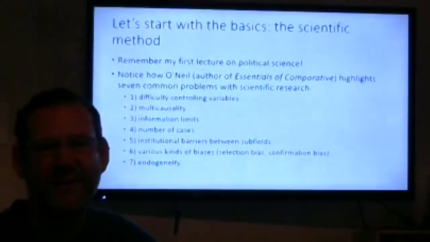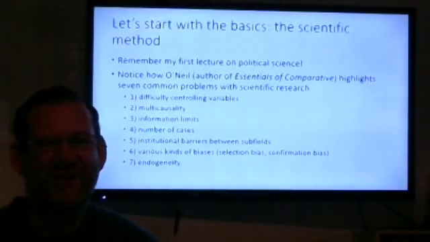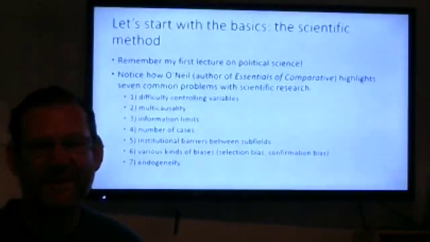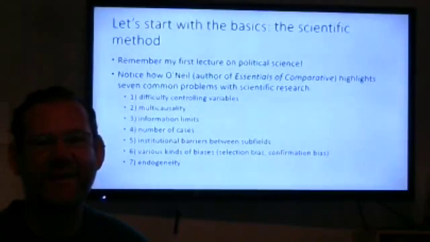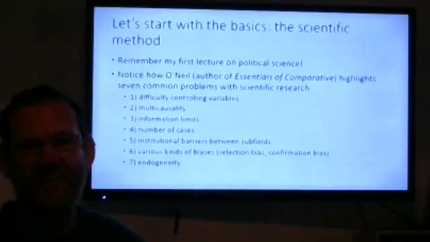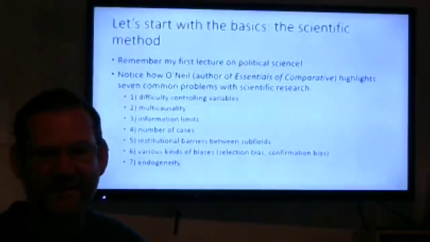Thirdly, information limits. It's just hard to get our information sometimes. I was reading some work recently from some comparativists who do work with African countries, and one of the biggest difficulties they have is just getting reliable information, even from the states, the governments in those countries themselves, okay?